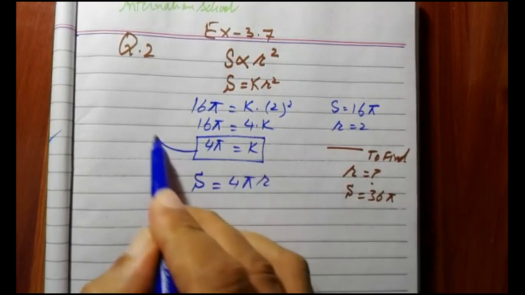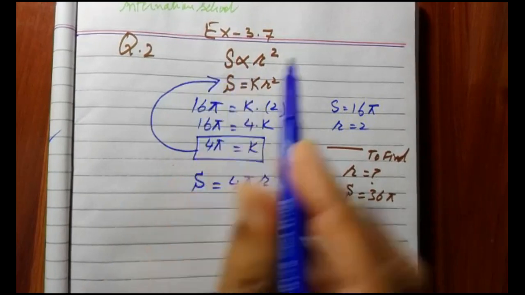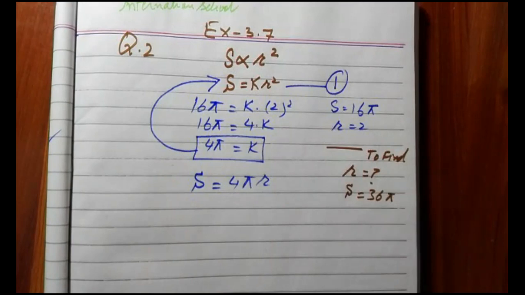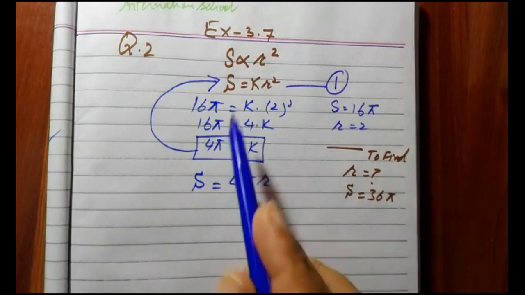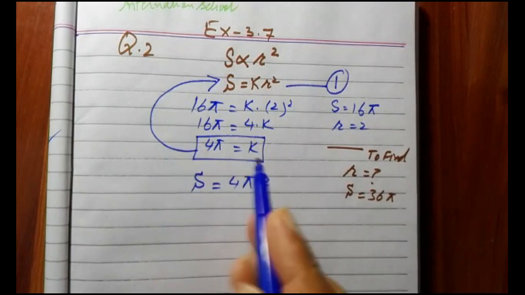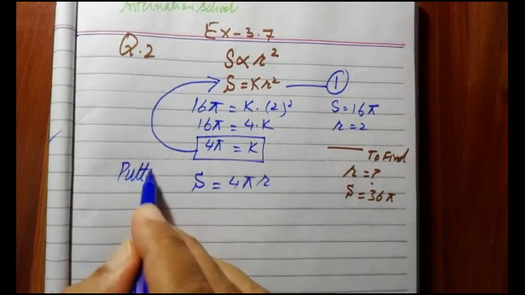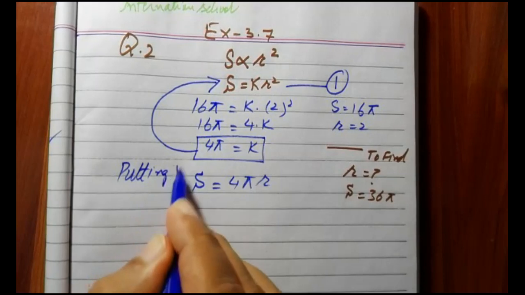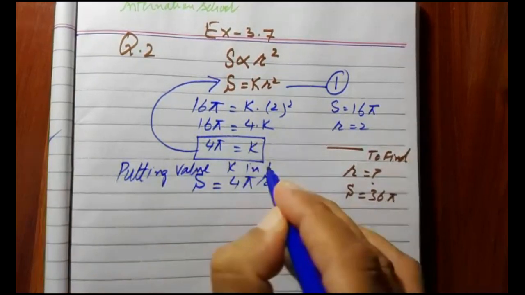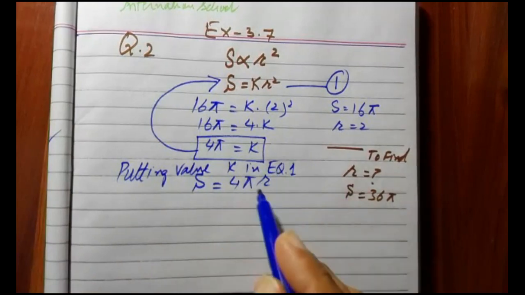You can label it as, let's suppose, equation number 1. Putting the value of K in equation number 1, the formula will become 4 pi R square.